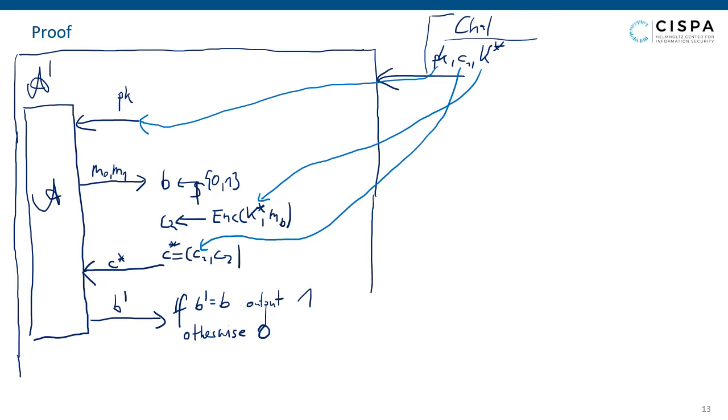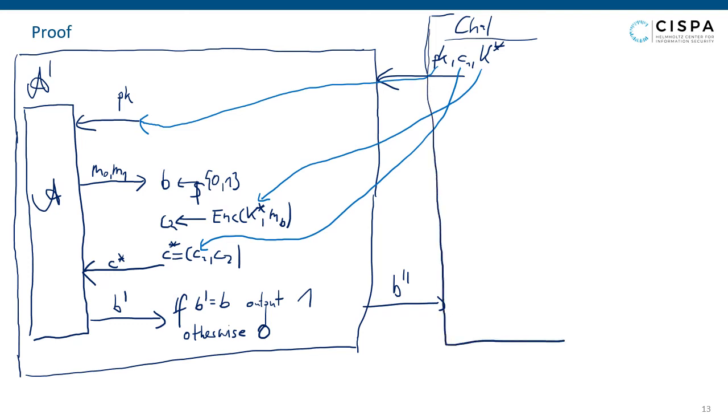Good. And this is the output, let's call it B double prime, that goes to its own challenger. Okay, so that's the description of our adversary A prime.